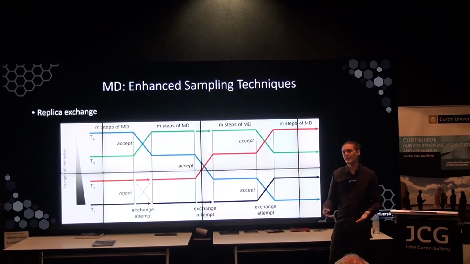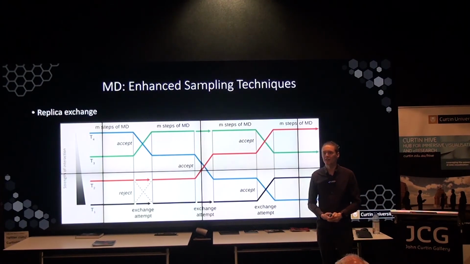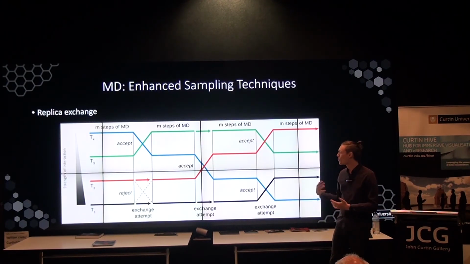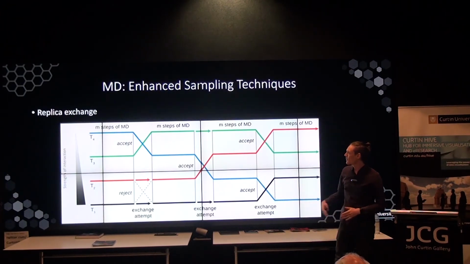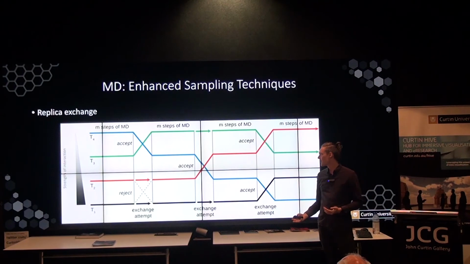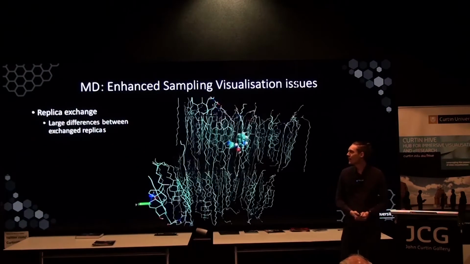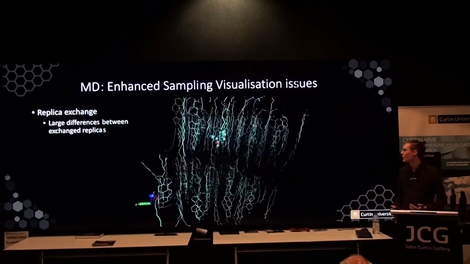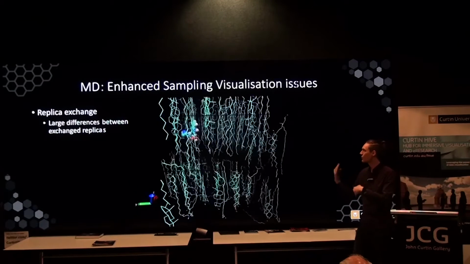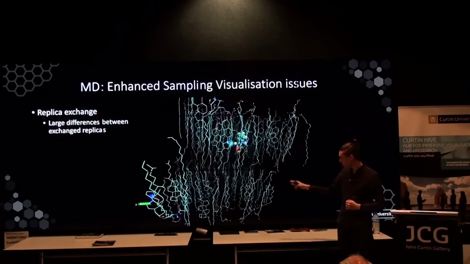The end result is you get a lot more movement in the ground state, which is here. Because of that, you can see a lot more detail of what's happening. Now, replica exchange has some of the same problems that I talked about with windowed data. Because they are switching, there is this lipid movement.